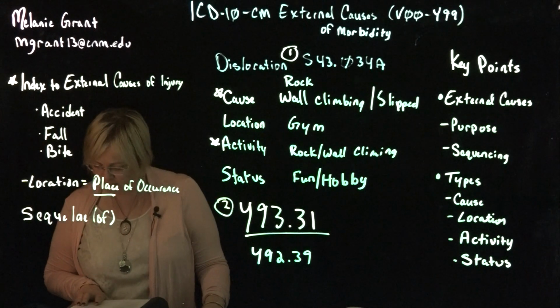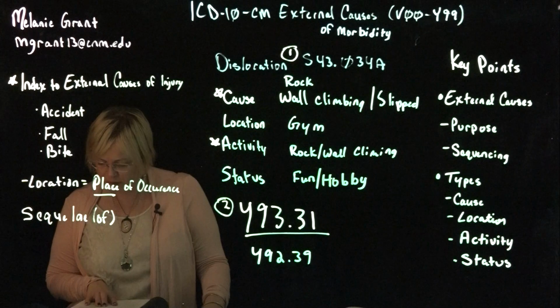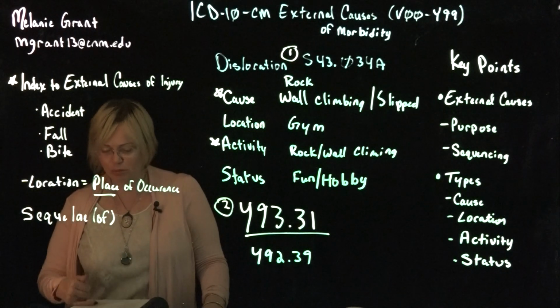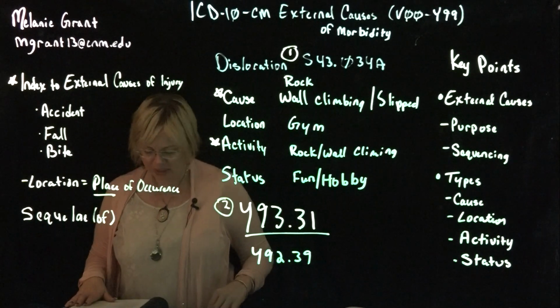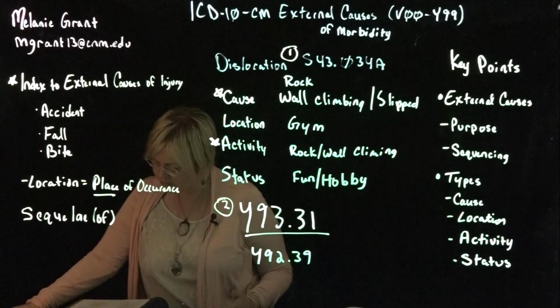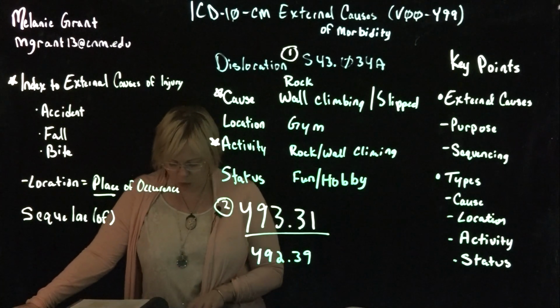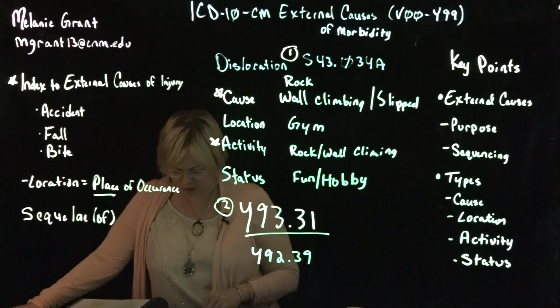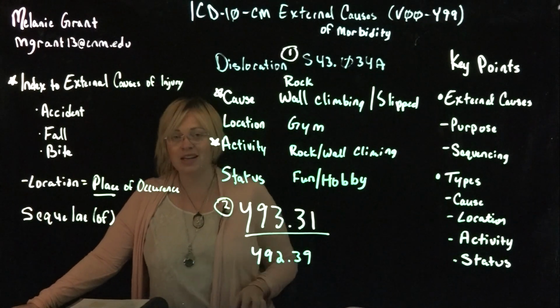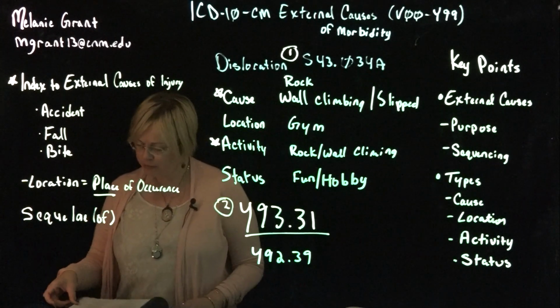I have my .0 is for unspecified, non-institutional, private residence as the place of occurrence, and then it breaks down the type of those. So all of my .0s would not be listed because it's not an unspecified, non-institutional private residence. My .1s are institutional, non-private residence as the place of occurrence. And we know this is not an institutional place, such as a home, so I'm going to keep going.